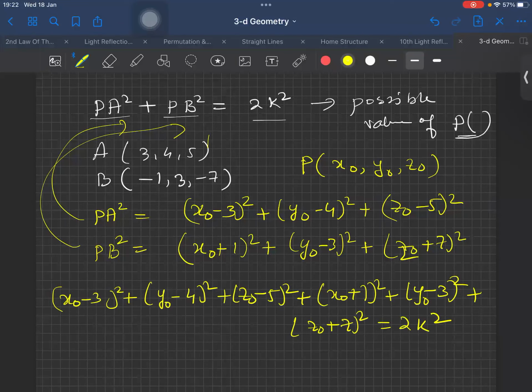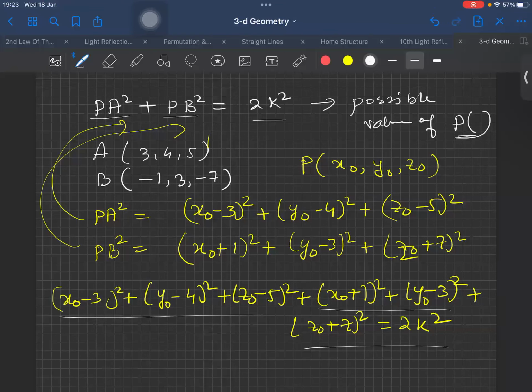Fine. Now just open the brackets and find the relation of X, Y, Z with this K. That means you just need to solve this equation further. That's what you have to do. Then you will get an equation for point P.